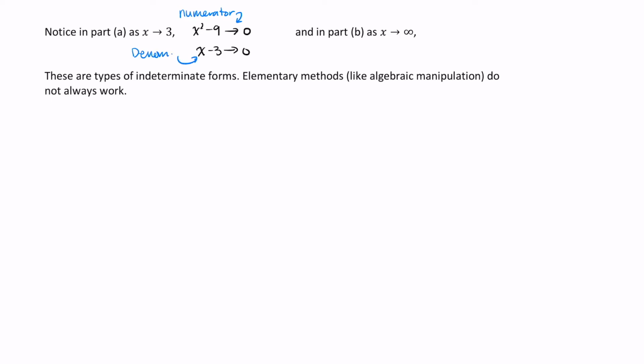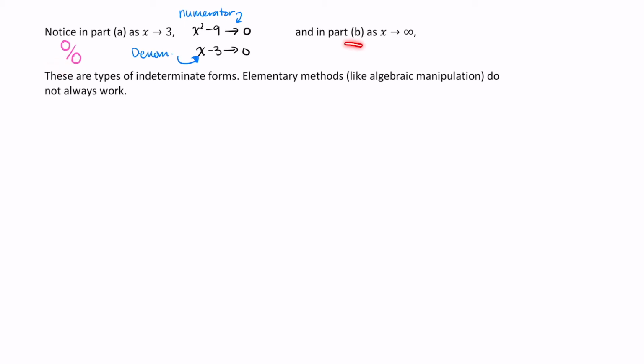So both of them approached 0. So we had a form that looked like 0 over 0 in this case for part A. We had some function approaching 0 in the numerator and some function approaching 0 in the denominator.